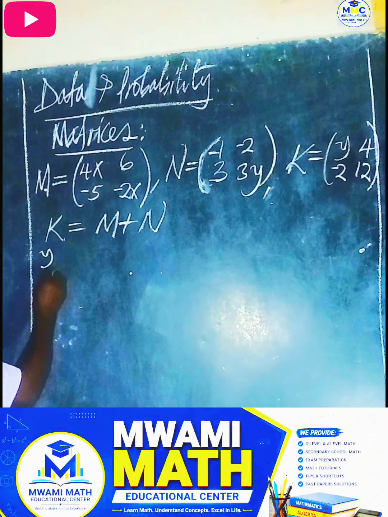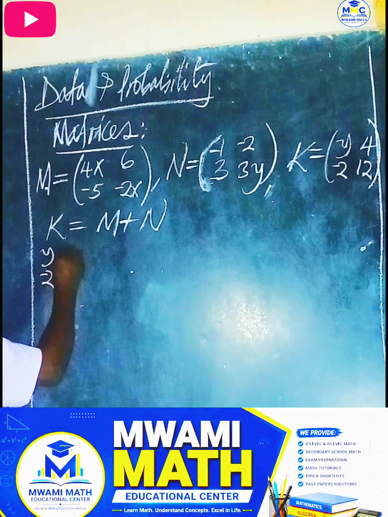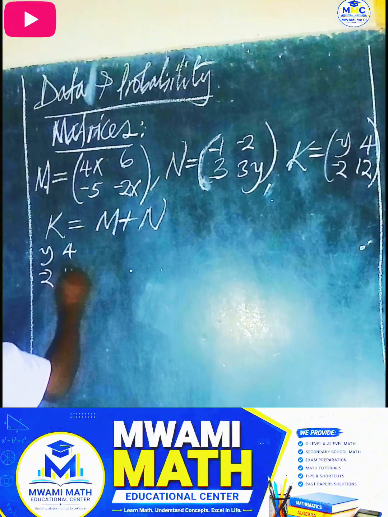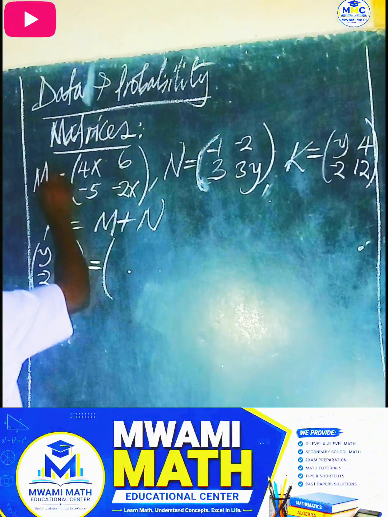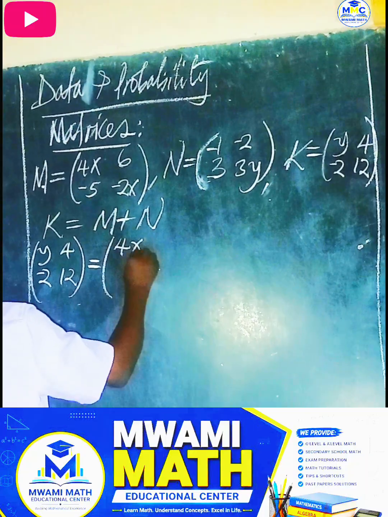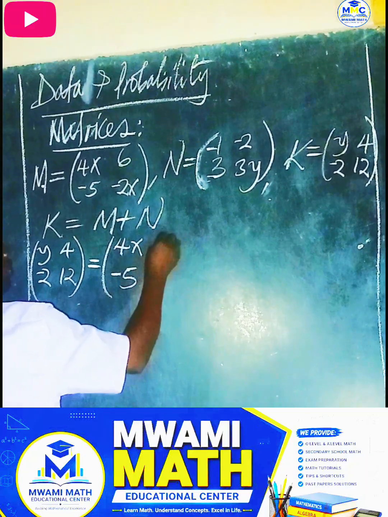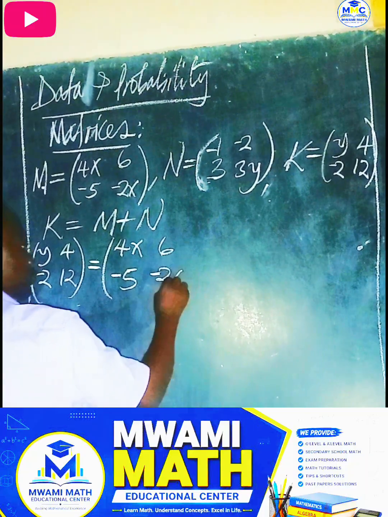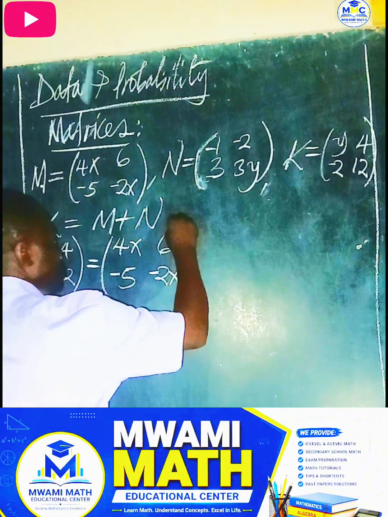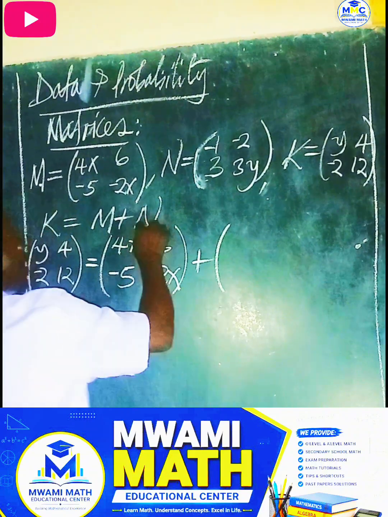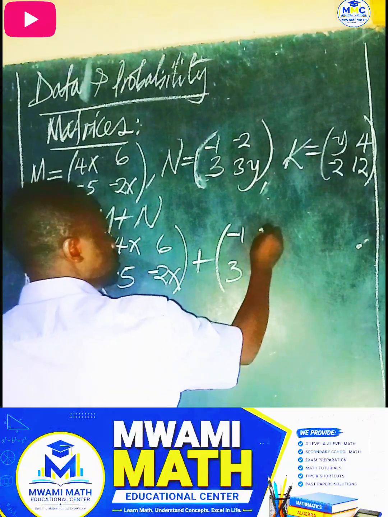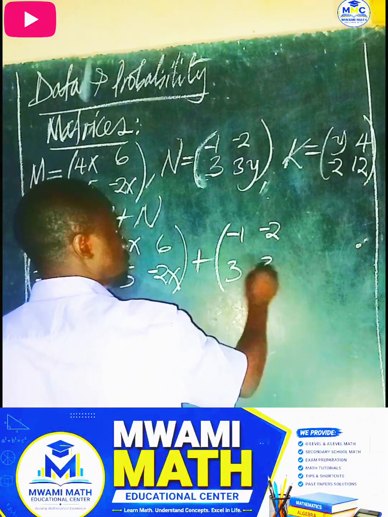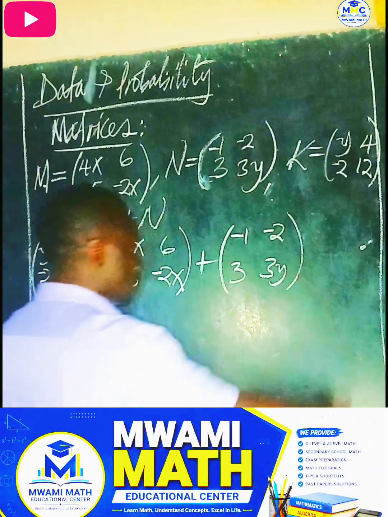So we have y, -2, 4, 12 is equal to our M, which is 4x, -5, 6, -2x, plus our N, which is -1, 3, -2, 3y.